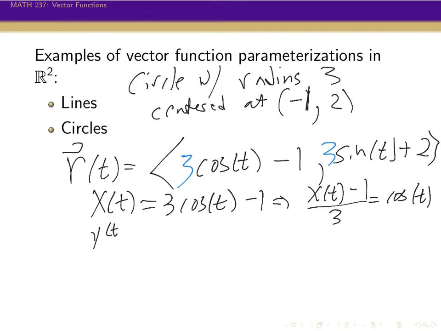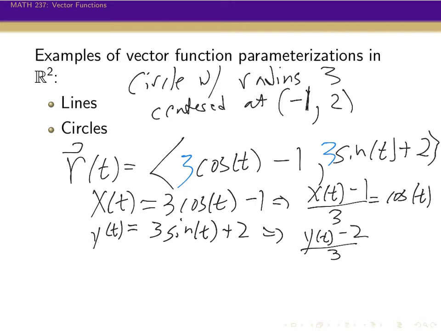I've got y of t is equal to 3 sine of t plus 2. Solving for sine of t, I have y of t minus 2 over 3 is equal to sine of t.